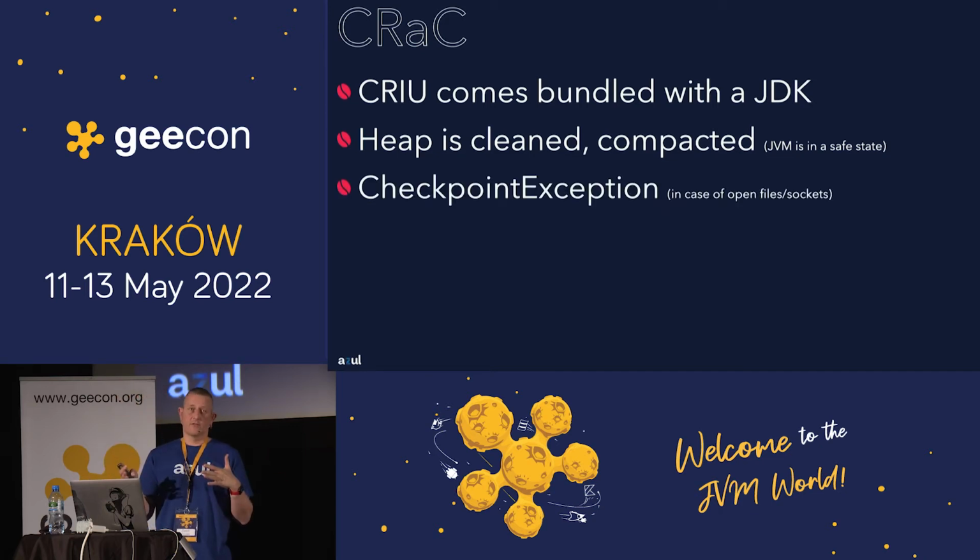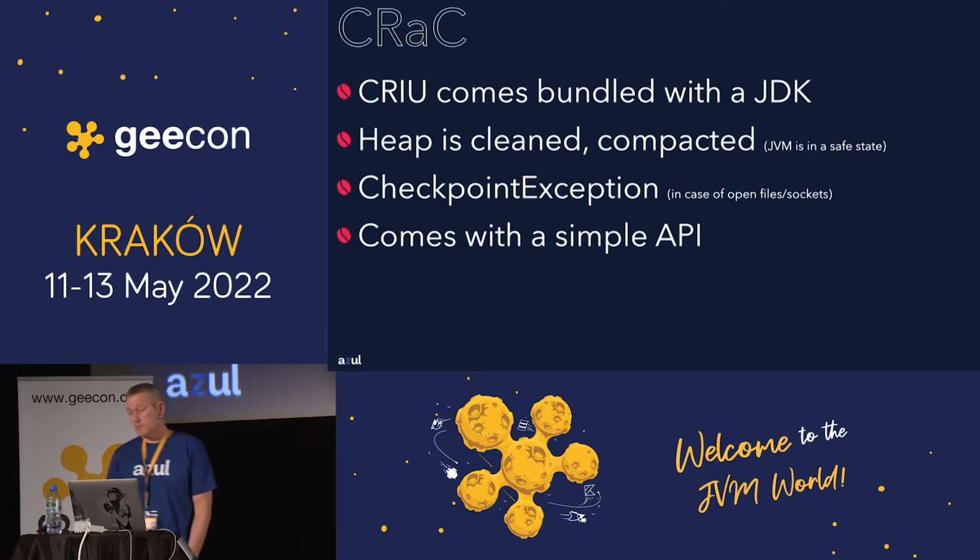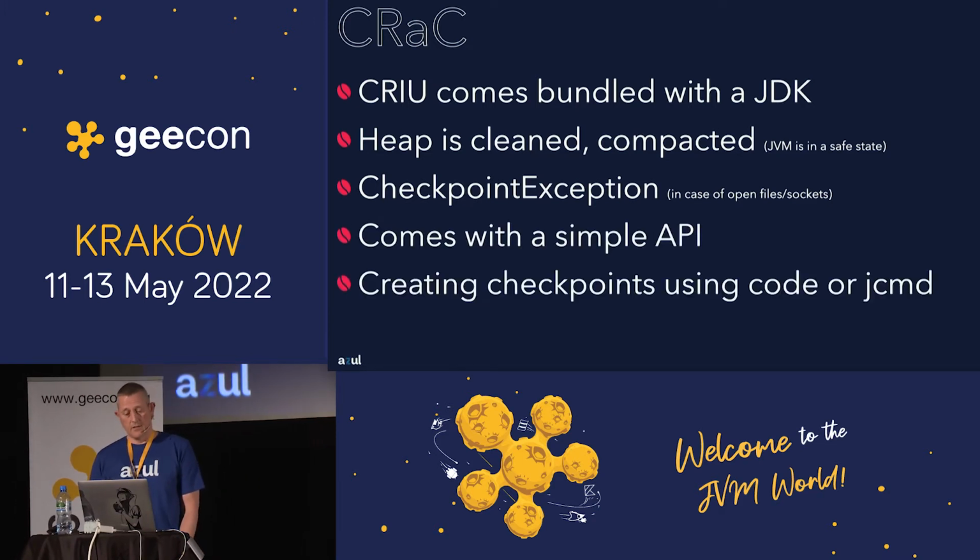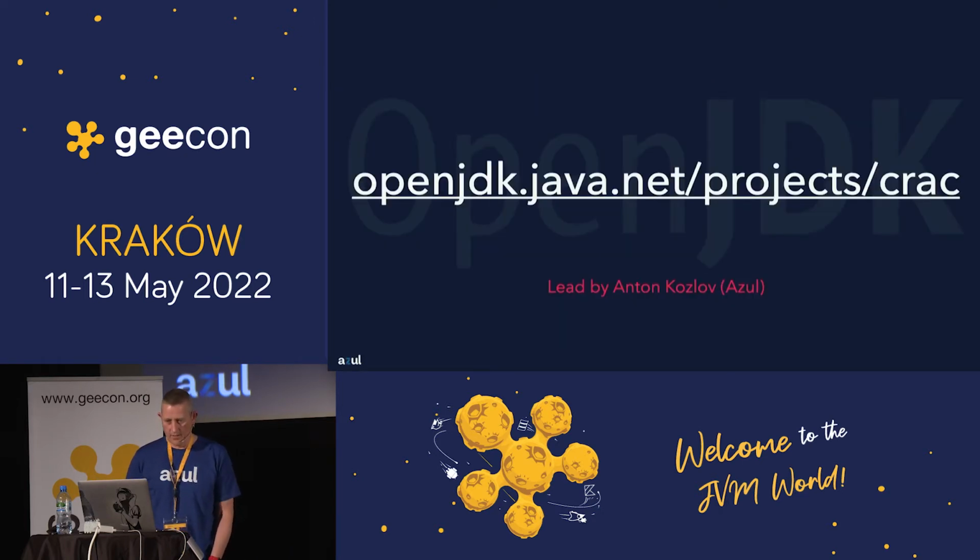It can throw exceptions in case you have a file open, or there's a socket open, or still a database connection, so it lets you know if something's wrong. It comes with a very simple API, and it can create checkpoints using code, or you can use jcmd to do that. The whole thing is available at OpenJDK project/CRaC, and it's led by one of our engineers, Anton Kozlov.